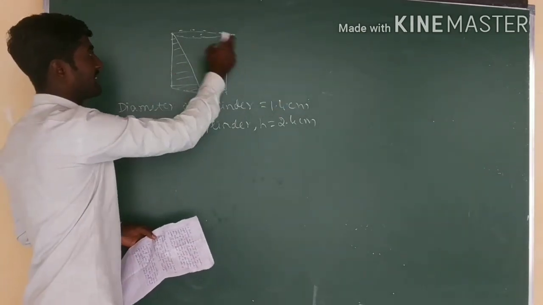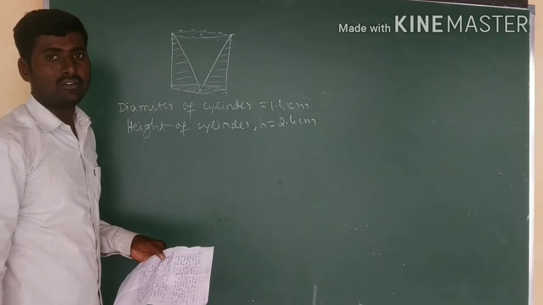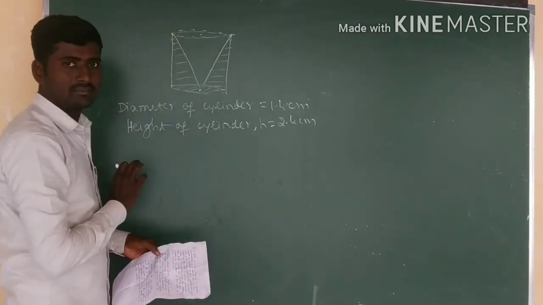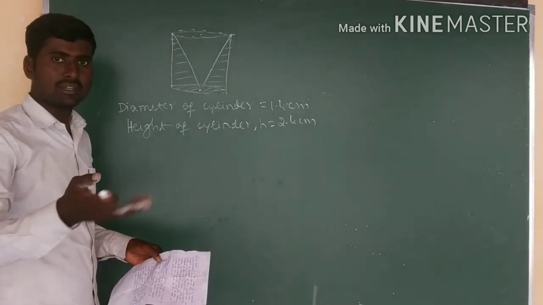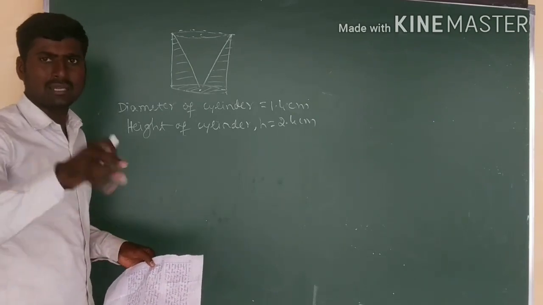So minus the circular area top of cylinder. Okay. So in two ways you can write. Any one way you can write, you will get the same answer.